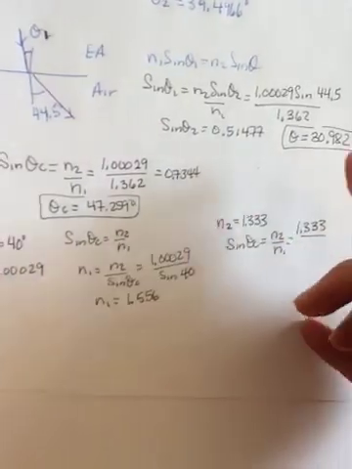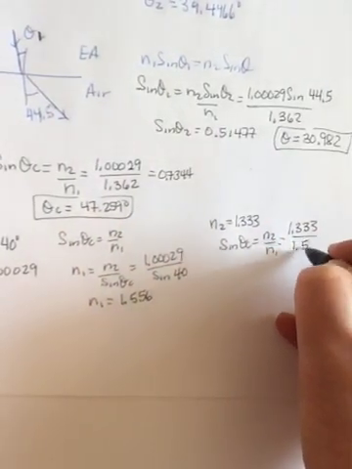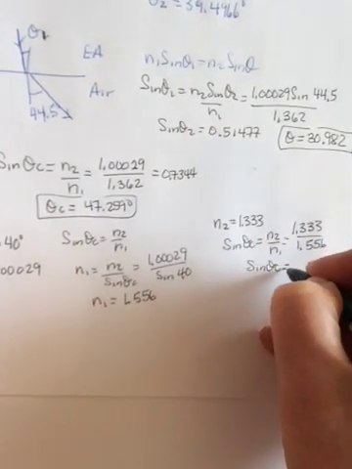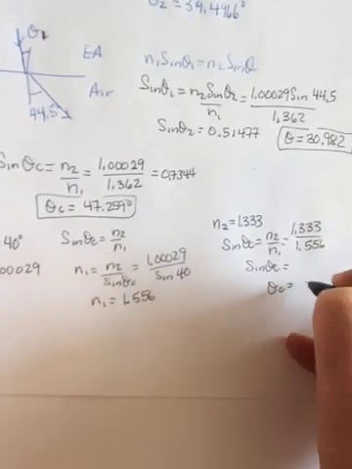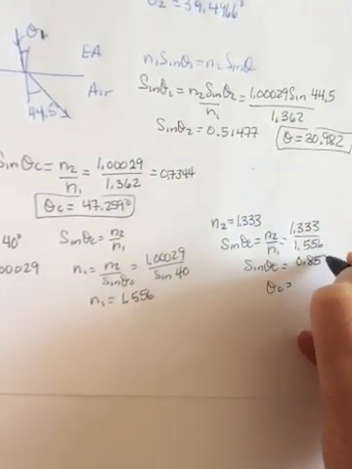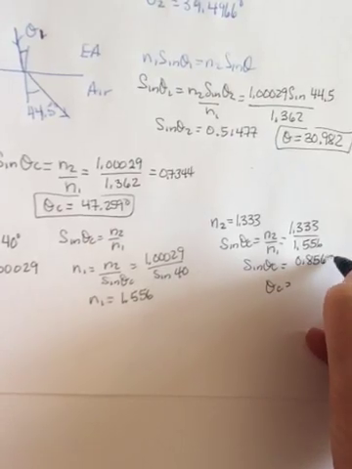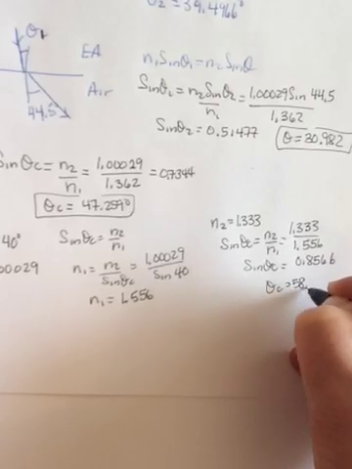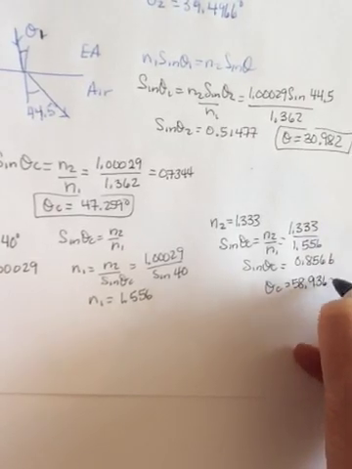And the N1 is what I just found, 1.556. So I'll get my sine theta c, and then I'll take inverse sine of both sides. Before the inverse sine, it's 0.8566. Take the inverse sine, and it becomes 58.936 degrees.